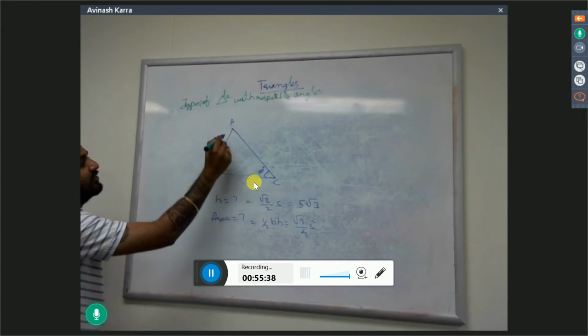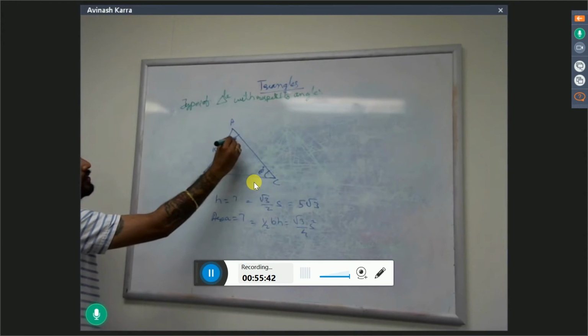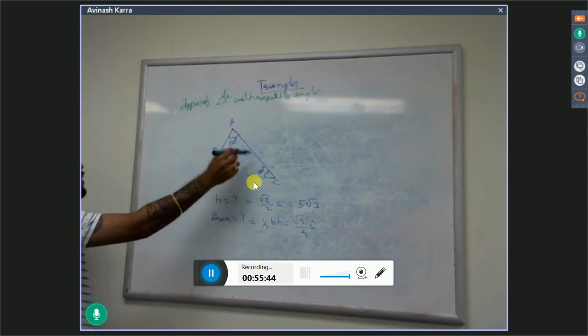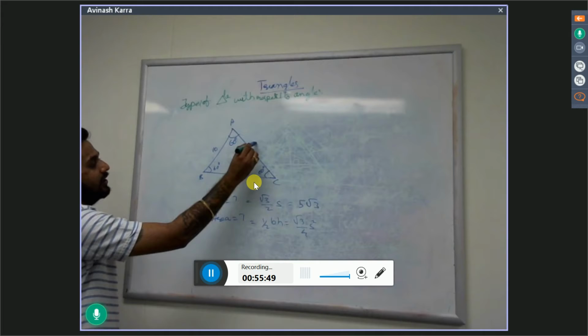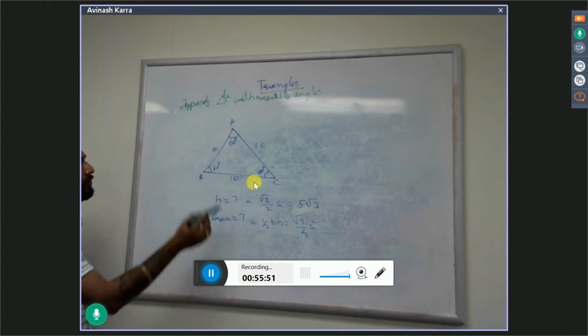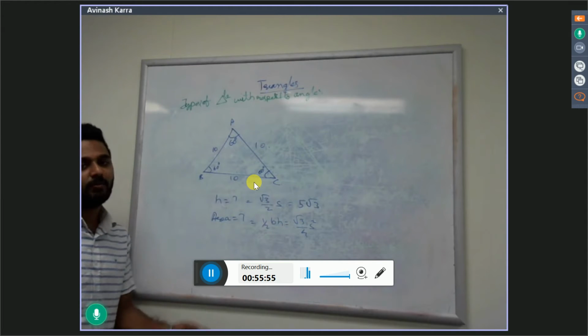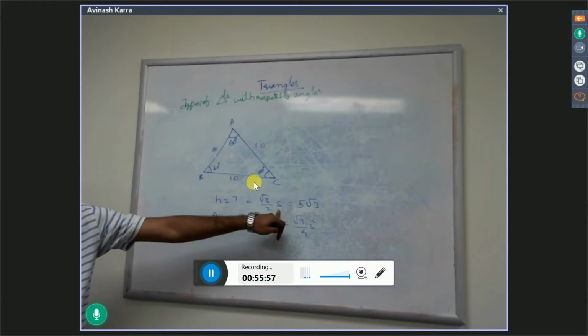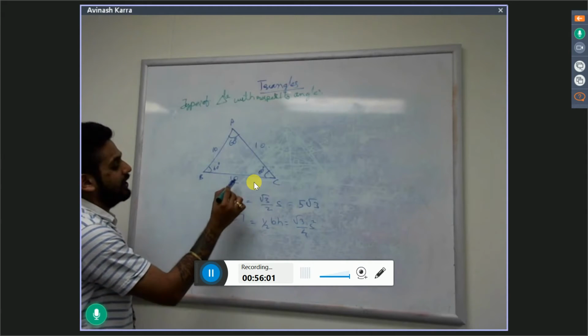Okay, one angle also will be 60. And all angles are equal. So it's an equilateral triangle. And yes, from there, if I want to find the height, I do root 3 by 2 times the length of the side. What is the side?